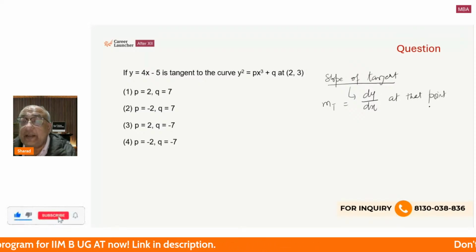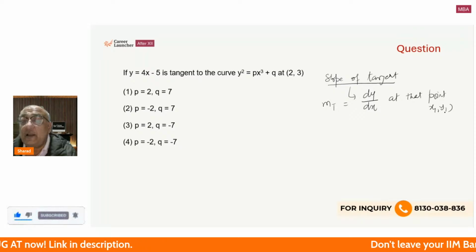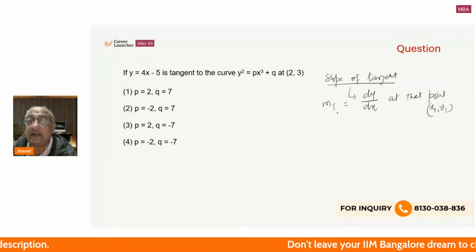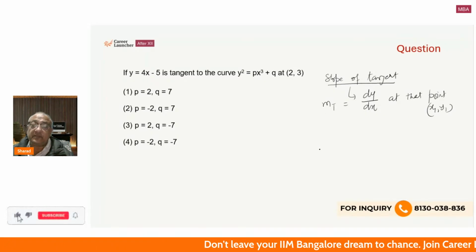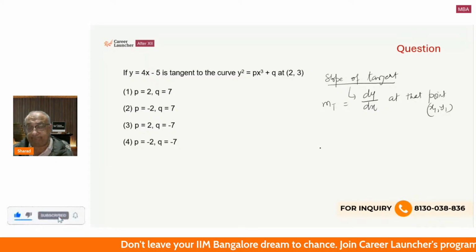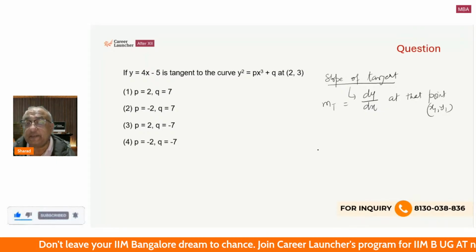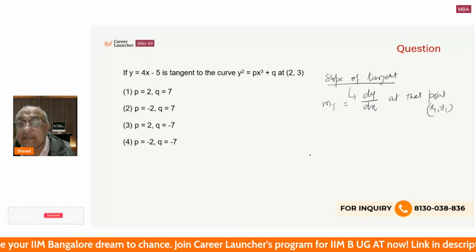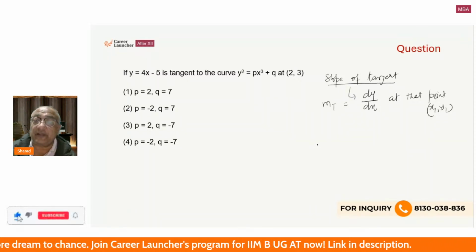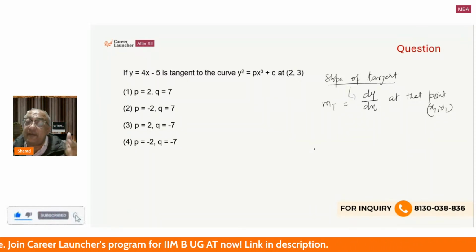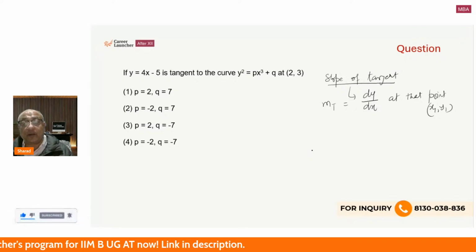So dy by dx at x1 comma y1. So this is the entire concept. Students have this wrong impression that dy by dx is the slope of the tangent. No, it is the value of dy by dx at x1 comma y1.